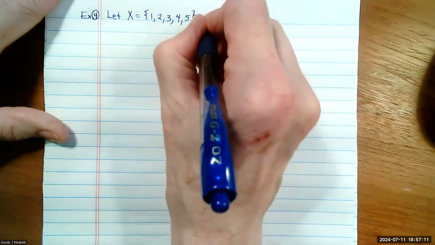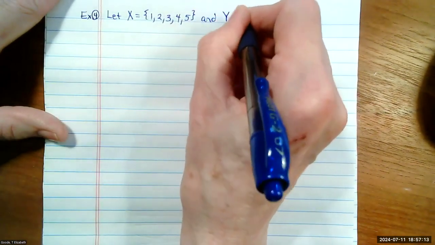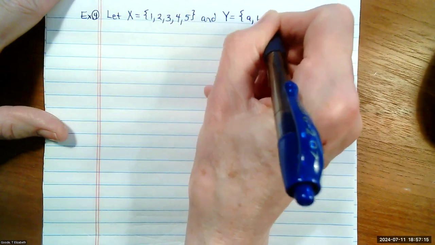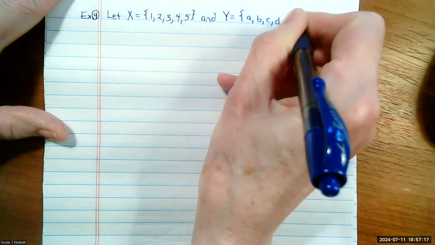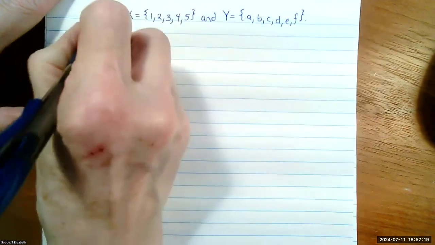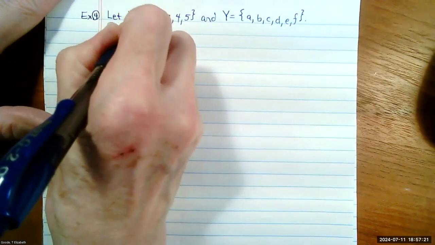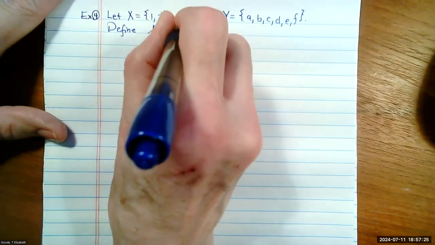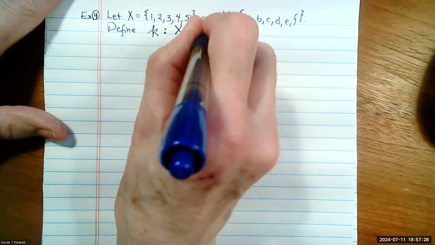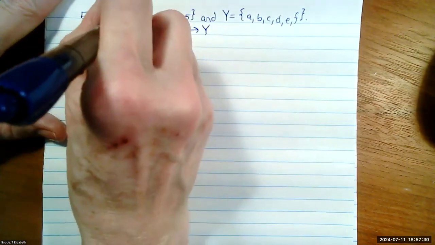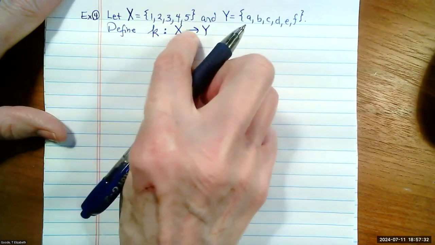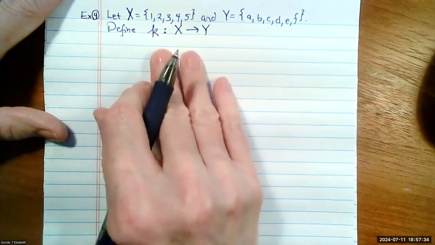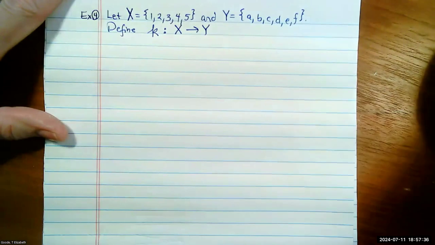And again, Y is going to be the set containing little a, little b, little c, little d, little e, and little f. And we're going to define K from X to Y. Folks, when I use this notation, K colon X arrow to Y, that means it is a function.